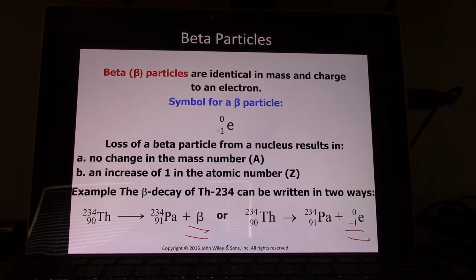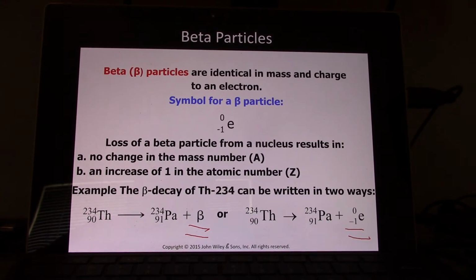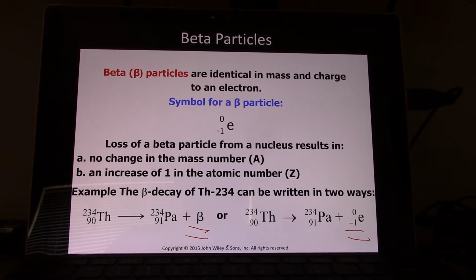It's flying out of the nucleus as a neutron decays into a proton plus an electron. So notice our product here has 1 more proton. It went from 90 protons to 91 protons because one of the neutrons decayed into a proton and an electron.